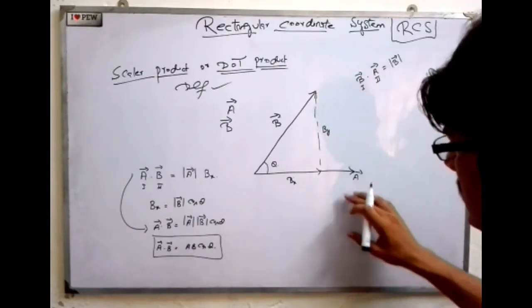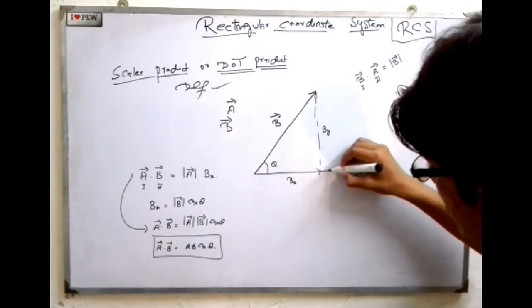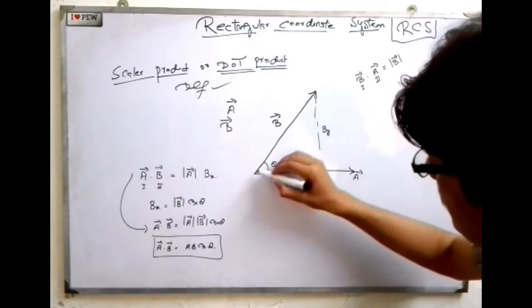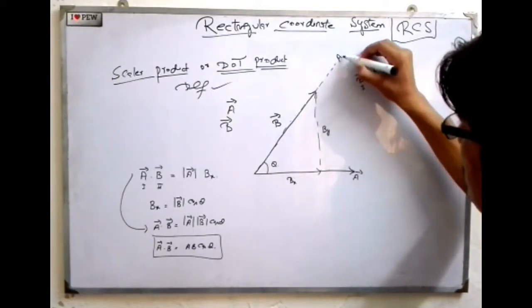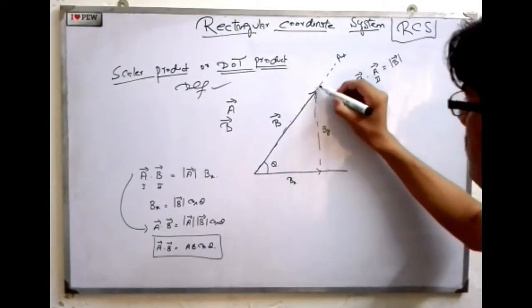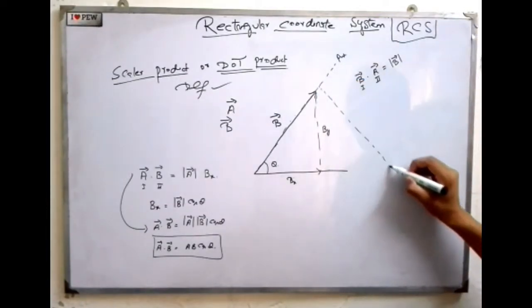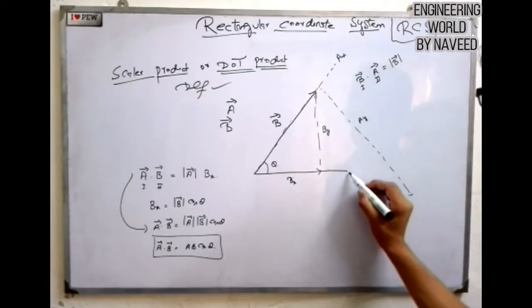When we divide this, this will be my Ax component and this will be my Ay component.